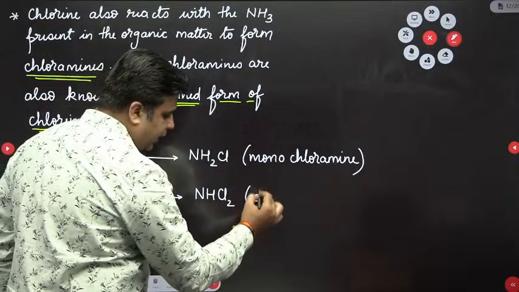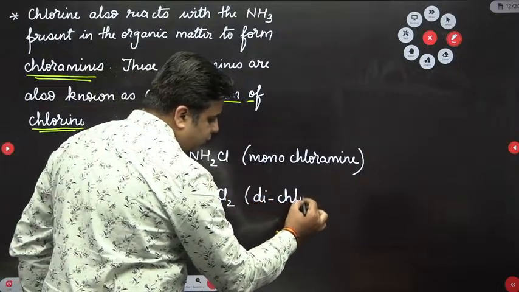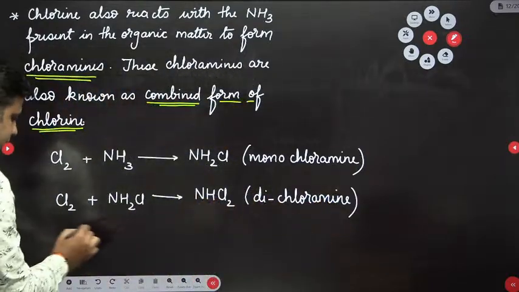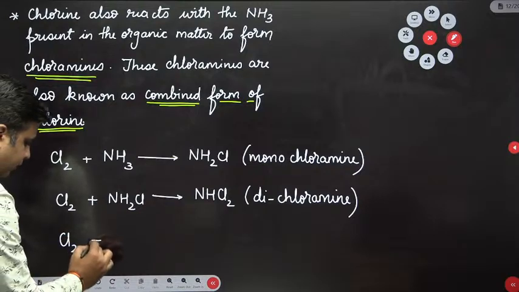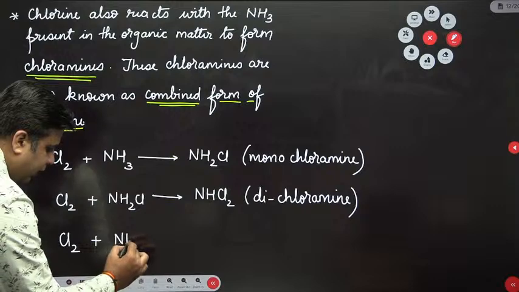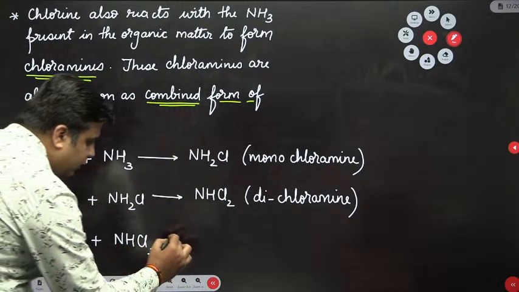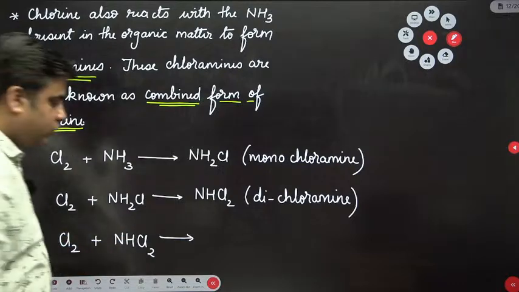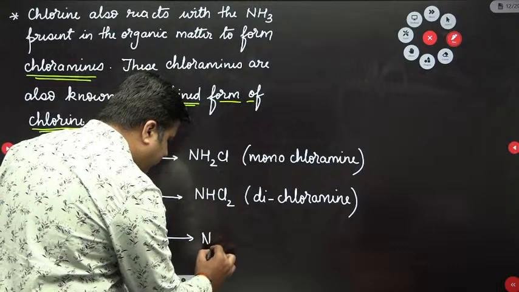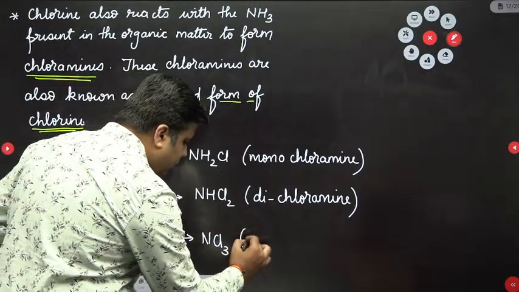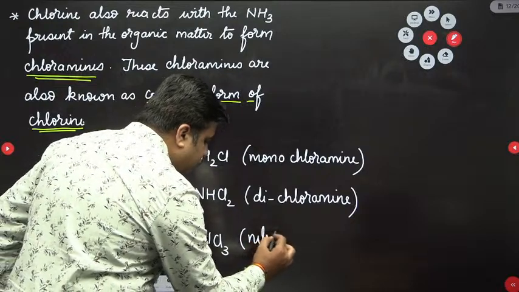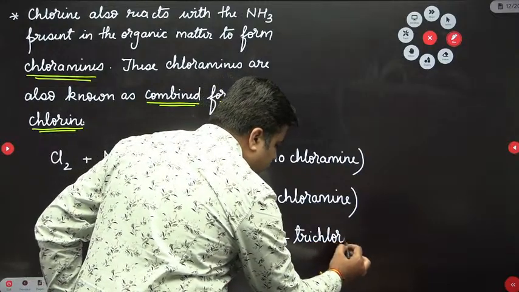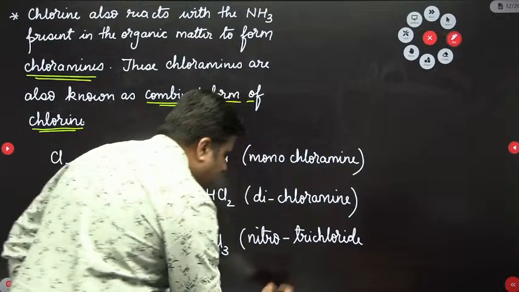Monochloramine, then you have dichloramine. Then this dichloramine again combines with one more Cl2 to form trichloramine or nitrogen trichloride, NCl3.